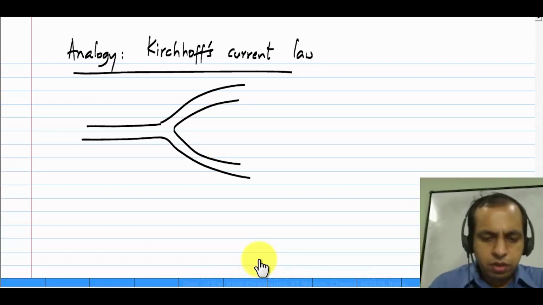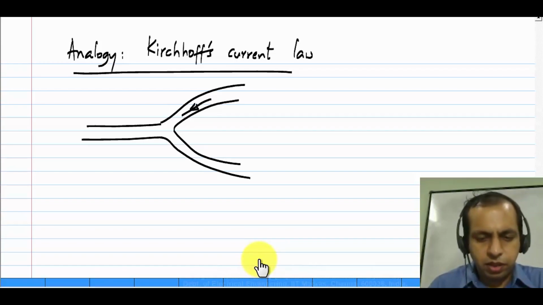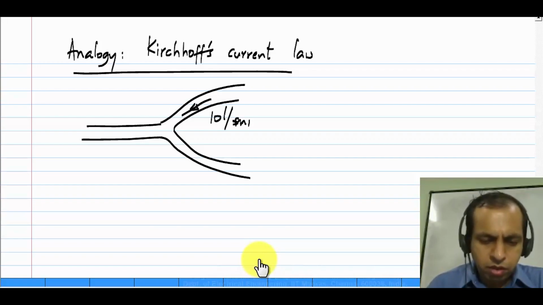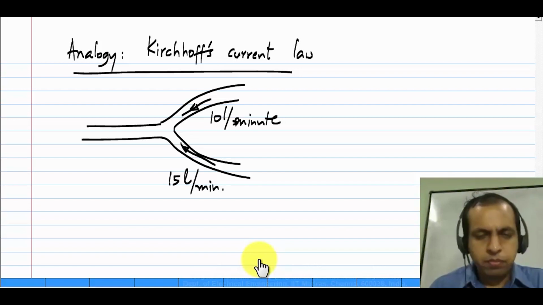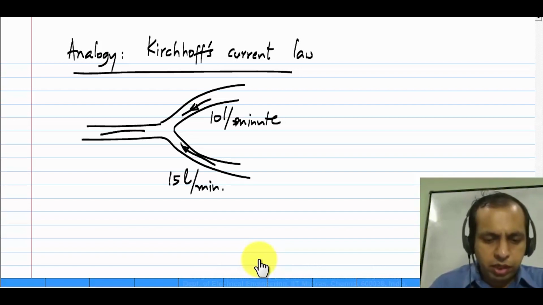Now let's say water is flowing here at 10 liters per minute and water is flowing here at 15 liters per minute. You obviously know that water will flow out here at 25 liters per minute.